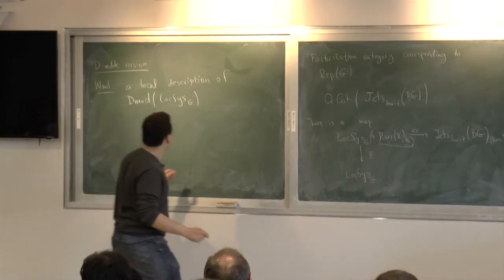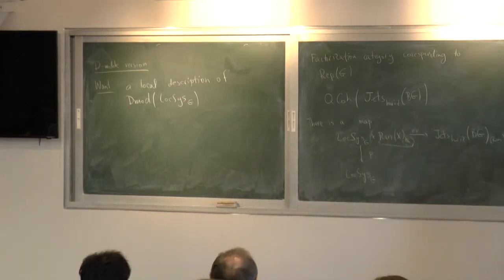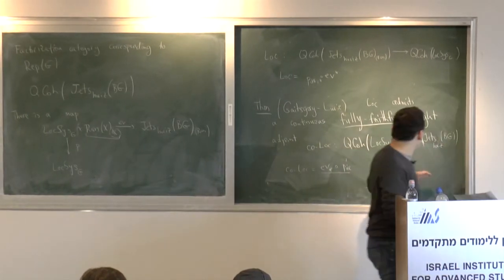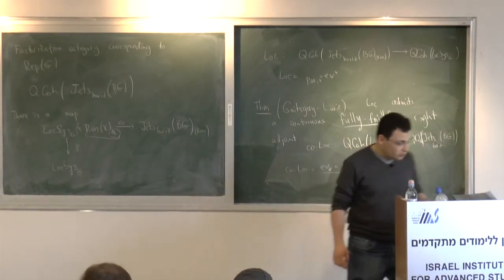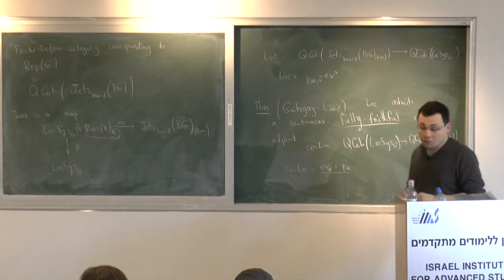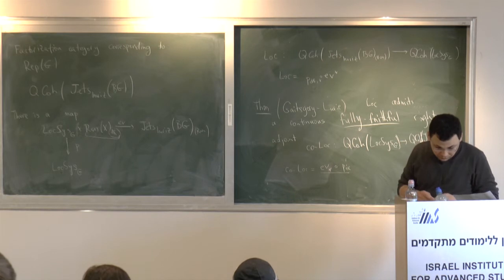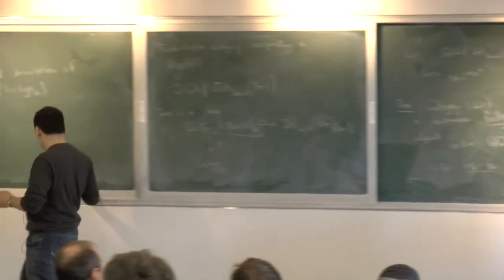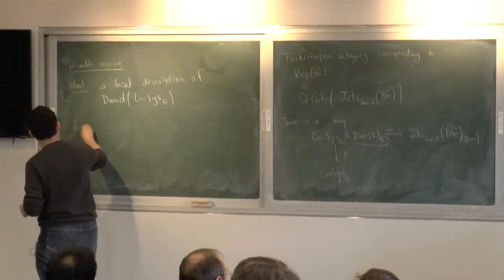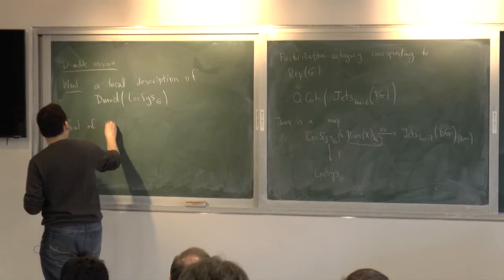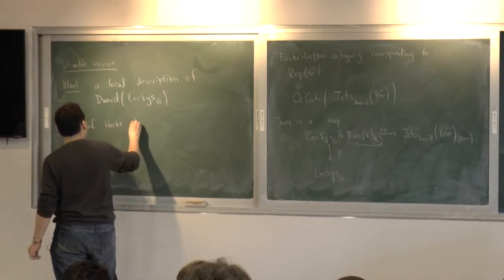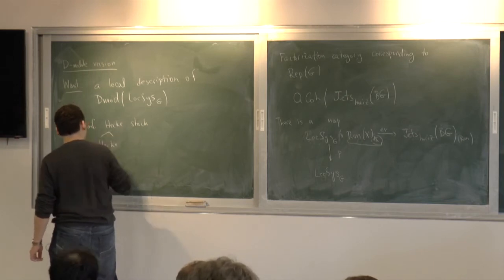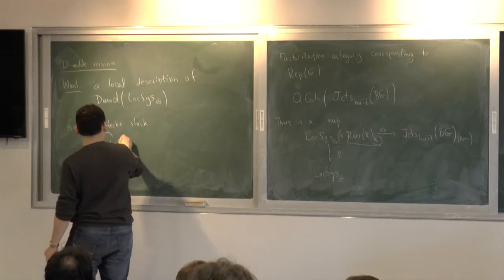So you can ask, what should be the local version of this story? You might at first guess that we just replace by D-modules, but that's really an unreasonable thing to do. So instead, we're going to define a local version of something called the local infinitesimal Hecke stack, Hecke sub loc.